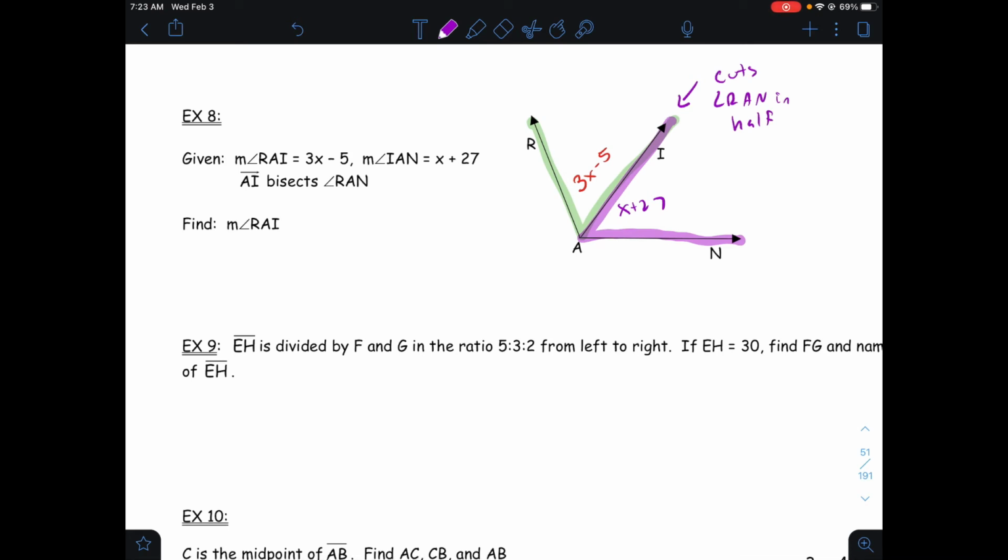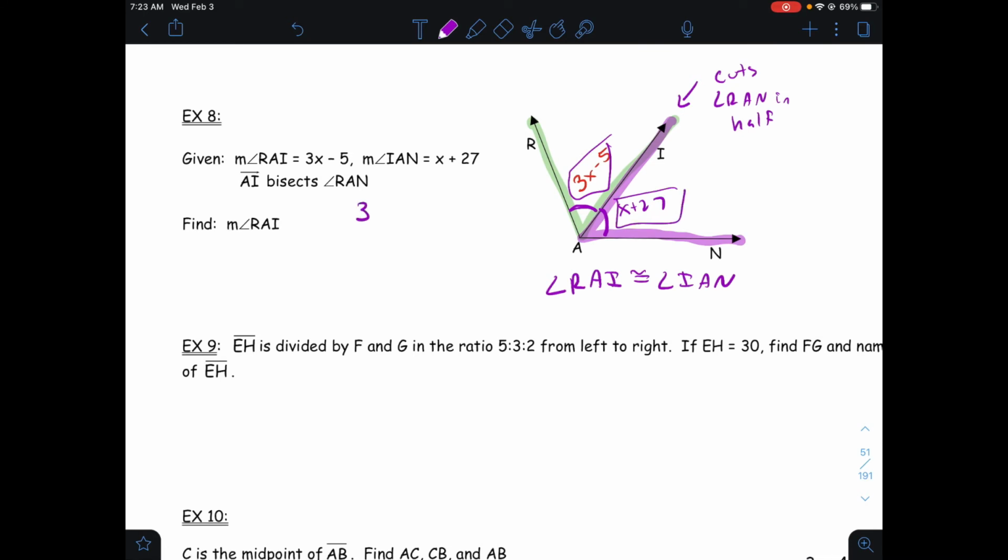So basically, since we know that this entire angle gets split into half exactly, since it's bisected, we know that angle RAI is going to be congruent to angle IAN, since AI bisects that big angle. So what we can do then is set these two expressions equal to each other.